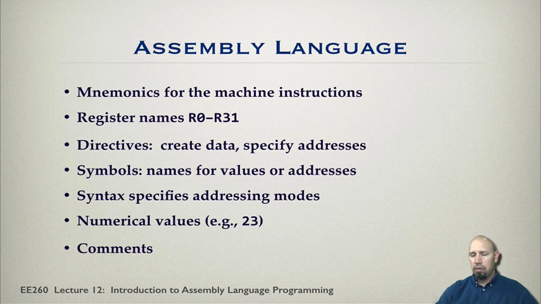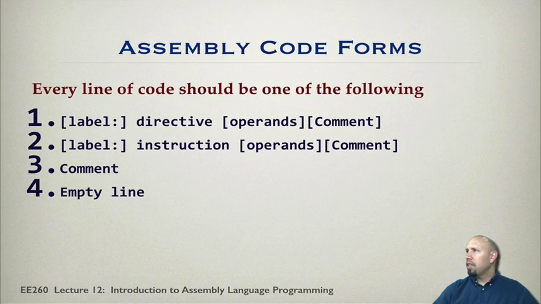So in terms of the assembly language code forms, every line of code will be one of the following types. It'll either be a directive, an instruction, a comment, or an empty line. That's it. Those are the only possibilities.